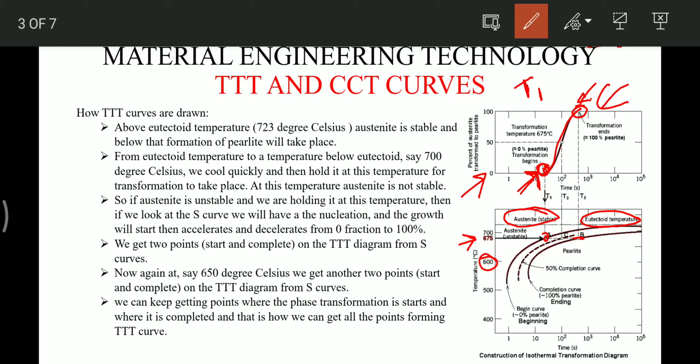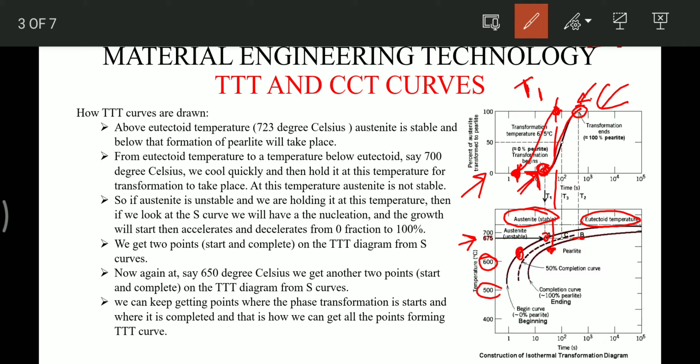The transformation may start at this point and end at this point. So this is the starting point that we represent over here, and this is the end point that we represent over here. This is how we get 600.